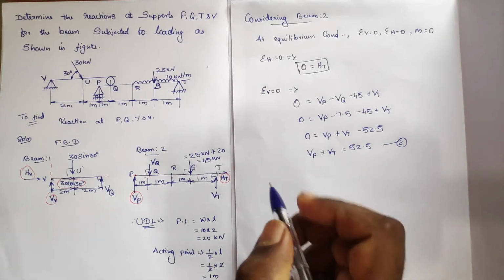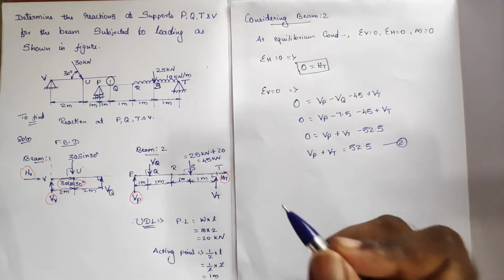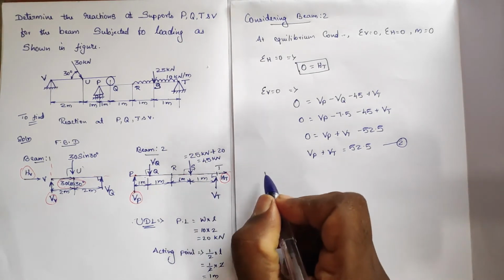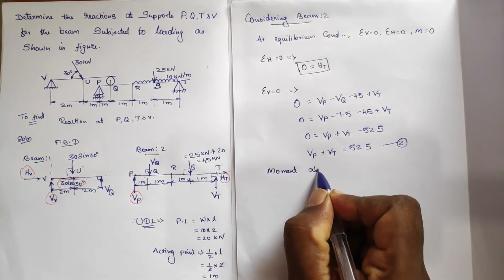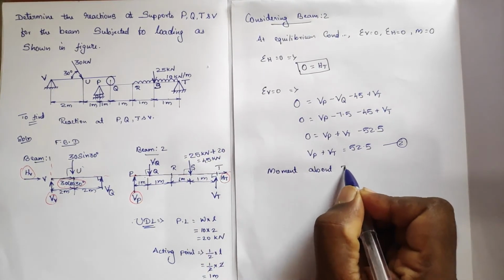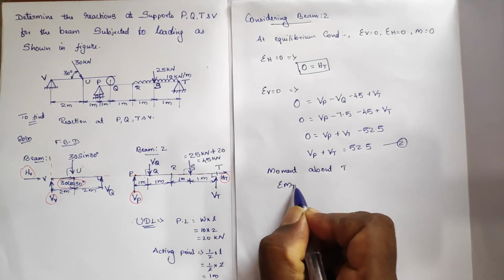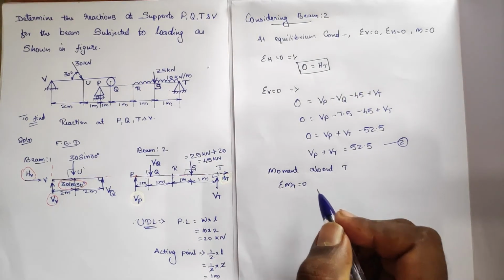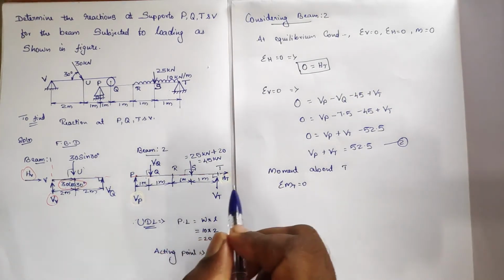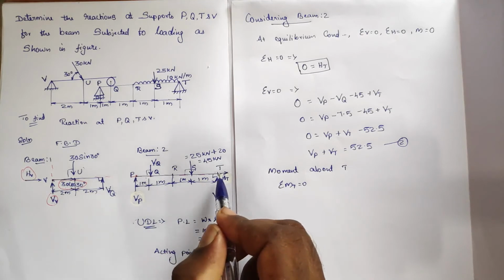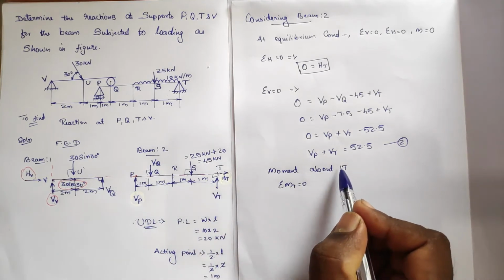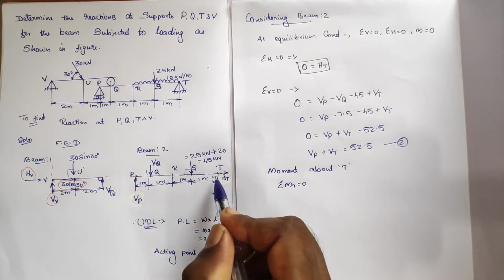And next take the moment about T. Sum of moment about T is equal to 0. See, I always used to take moment at the starting end, am I right? But here I'm going to take moment about T, the other end, the last end.